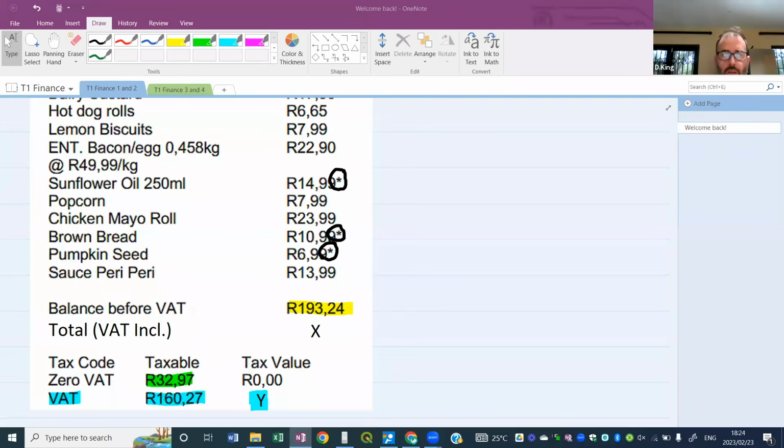Let's have a look at the answer. 184.31. Let's see what I can get with my calculator.